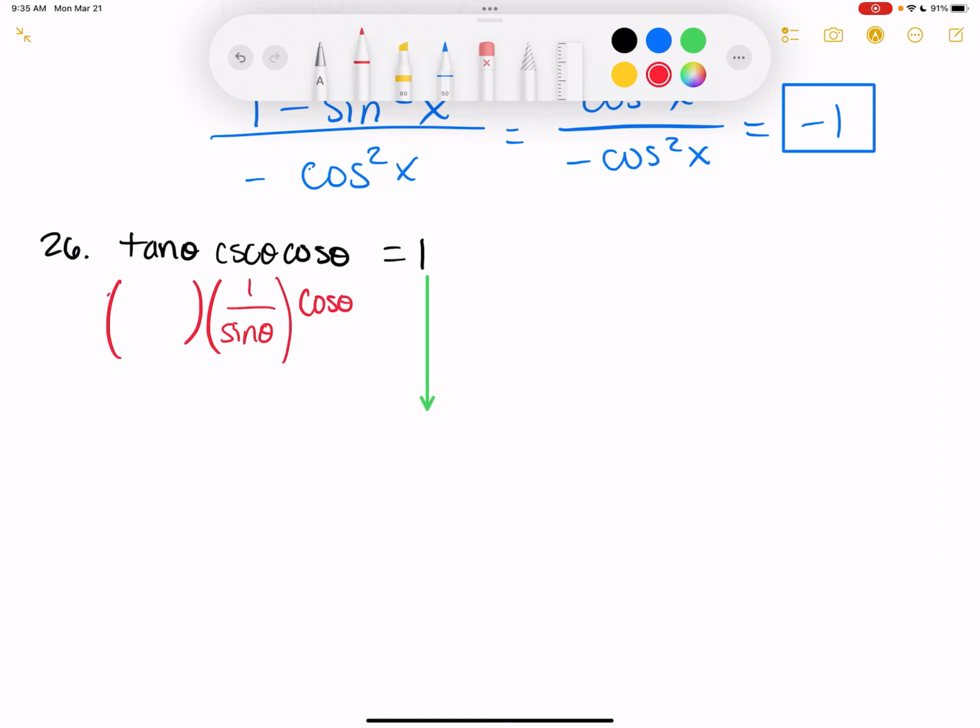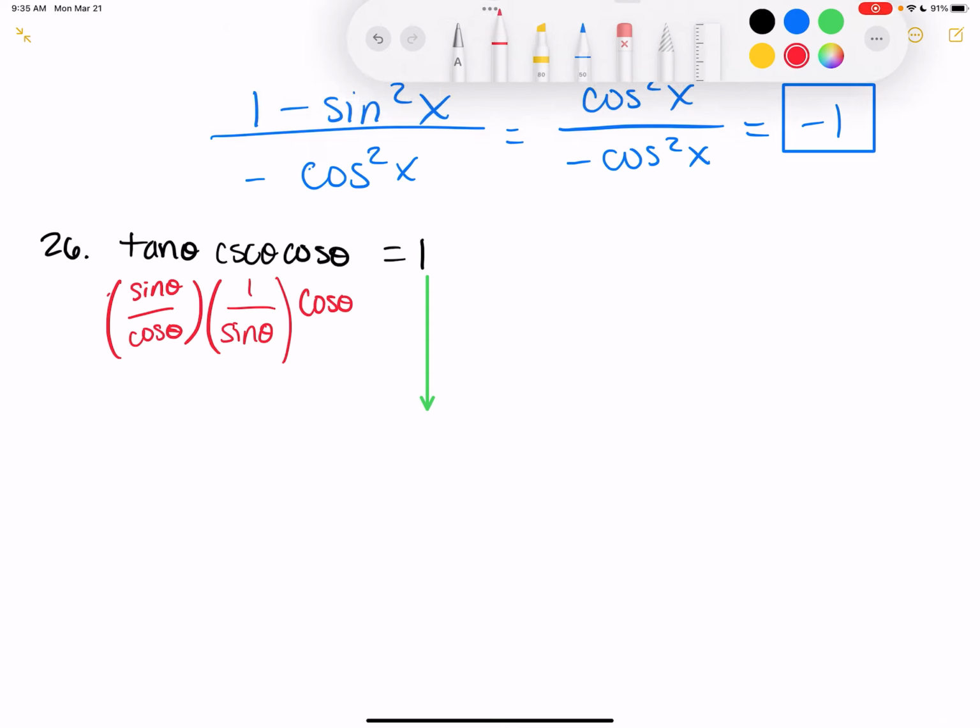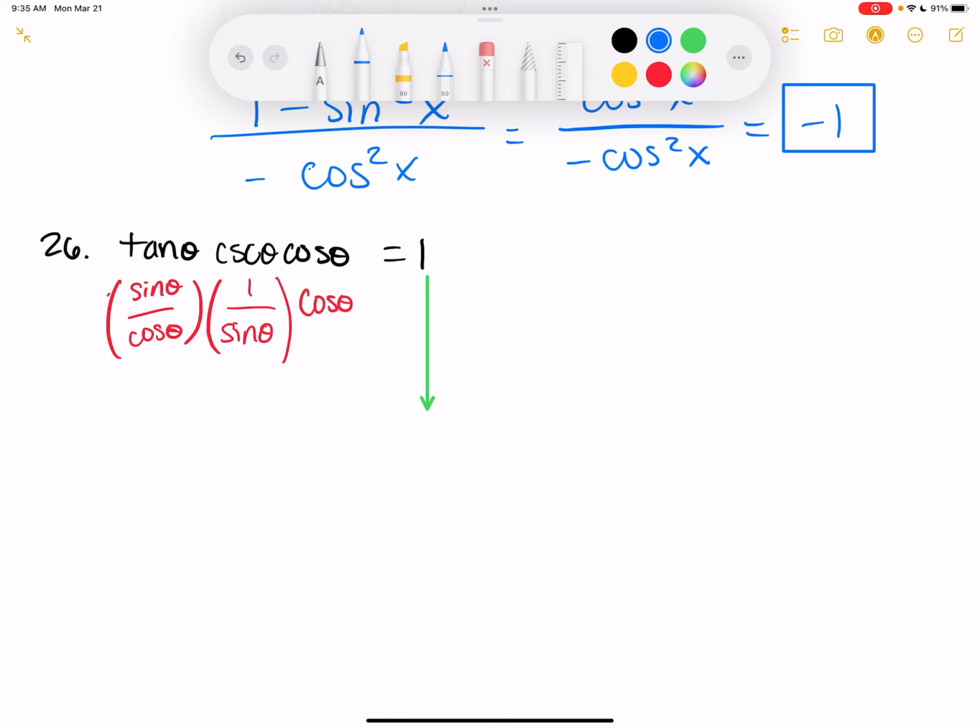Tangent is sine over cosine. So it does help. So then now I can go through and cancel stuff. Sines cancel, cosines cancel, and what do you know? Well, it's 1 equals 1. And I have verified it.